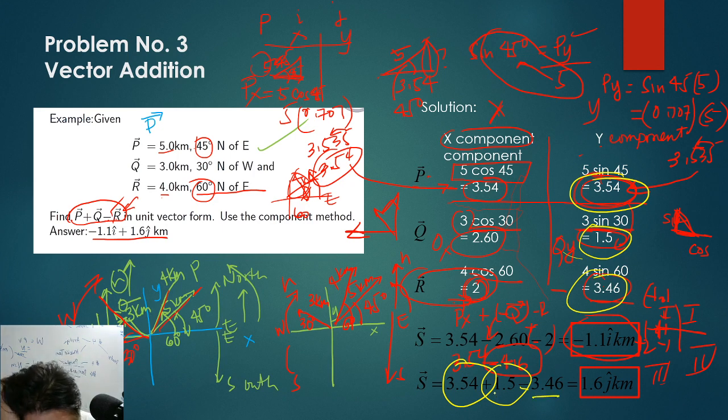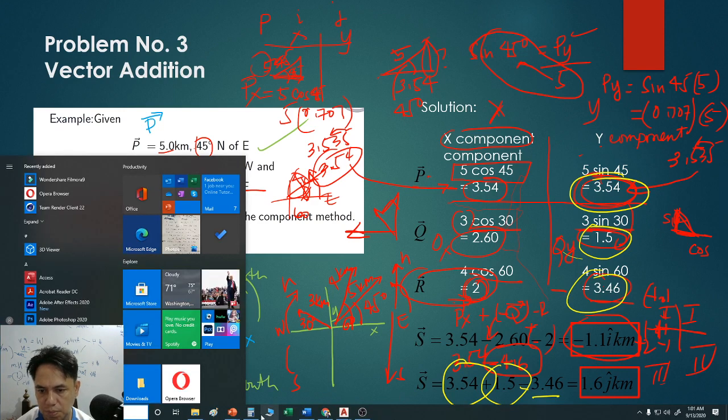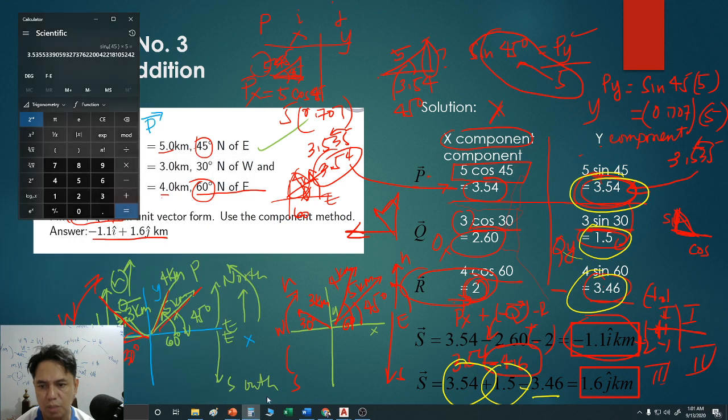If we add this 3.54 plus 1.5, that is going to be 5 point something. So let me add that: 3.54 plus 1.5, minus 3.46.